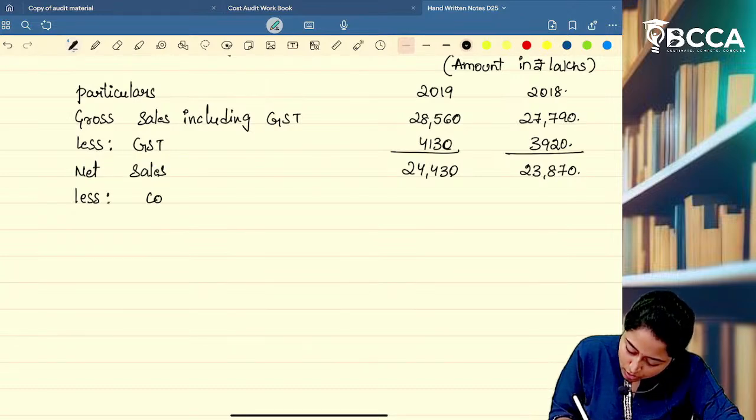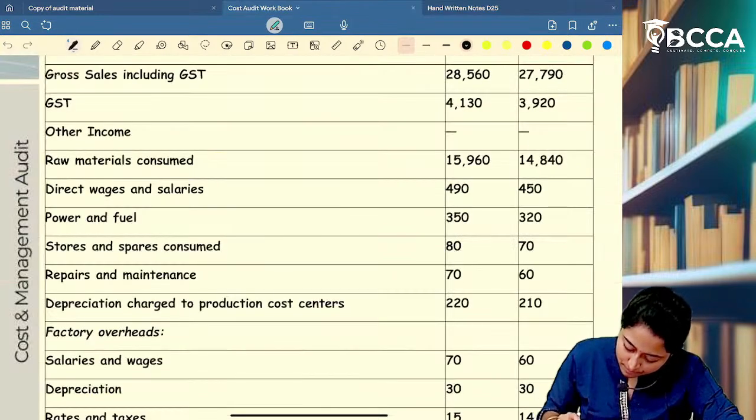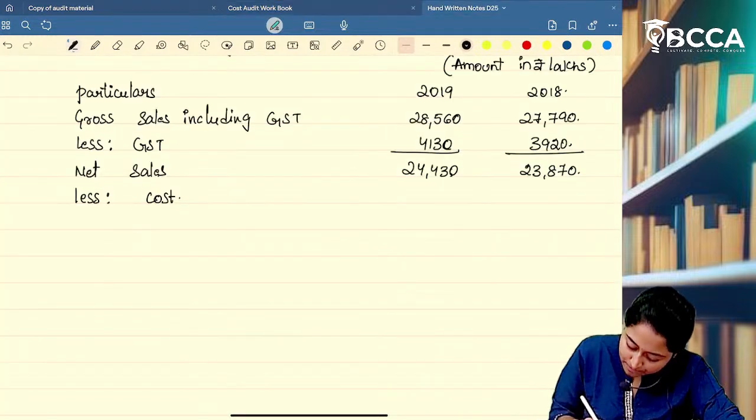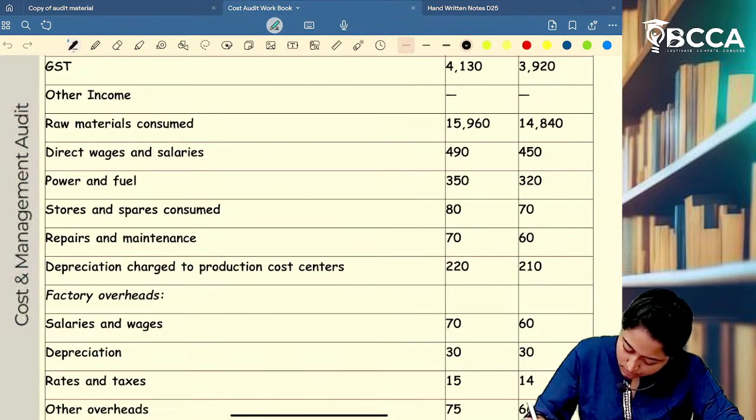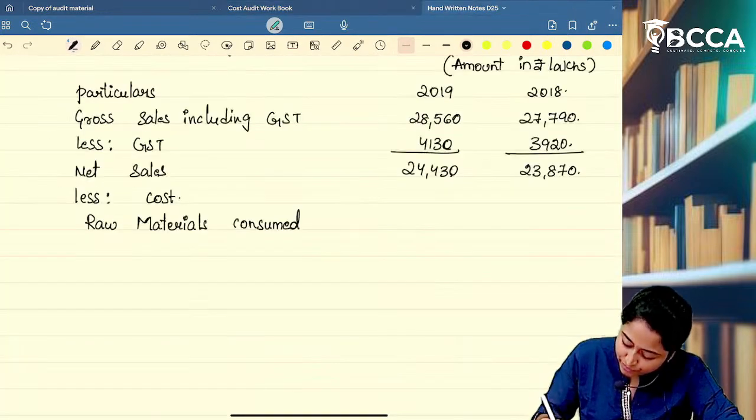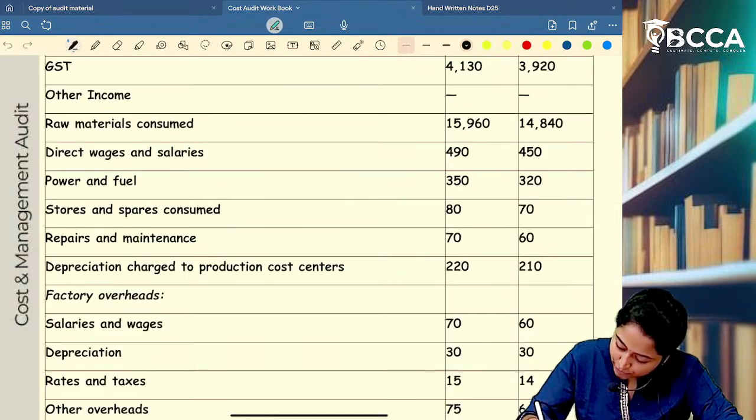Less cost of raw materials consumed: $15,960 and $14,840.